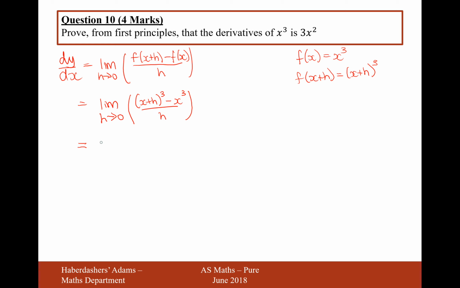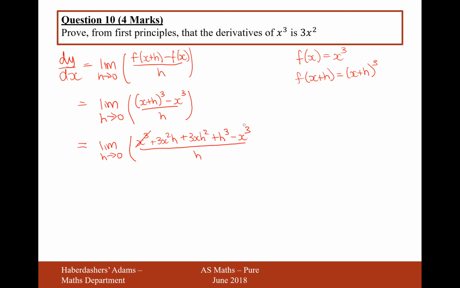Let's now expand the brackets and simplify what we've got inside the brackets before we think about doing anything with the limits. It's going to be x cubed plus 3x squared h plus 3x h squared plus h cubed minus x cubed all over h.